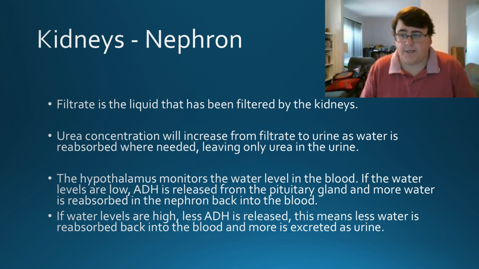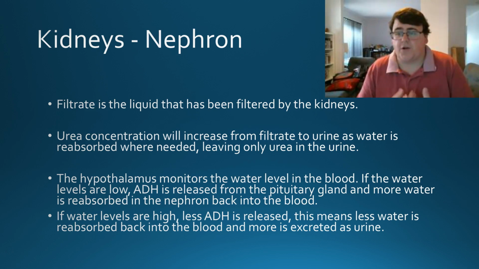That's because the water that we're pulling out of the filtrate and reabsorbing in the loop of Henle, that water that we're pulling back is removing the diluted effect, leaving urea more concentrated. So urea is not increasing in quantity in the filtrate, it's removing water which is increasing the concentration of urea, and that leads to a high concentration of urea inside of urine.